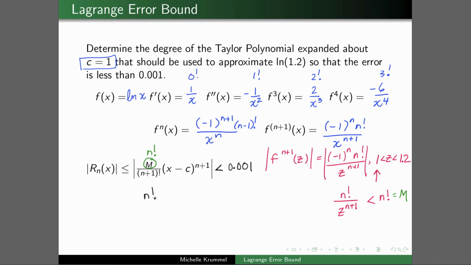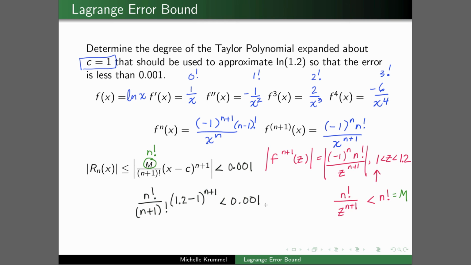This gives n factorial over n plus 1 factorial times our x value, 1.2, minus our center, 1, to the power n plus 1. The absolute value of this, I can drop the absolute value though because n is positive, n plus 1 factorial is positive, 1.2 minus 1 is positive, raised to the power n plus 1 is all positive.